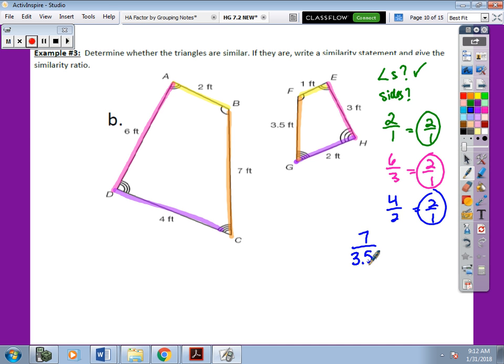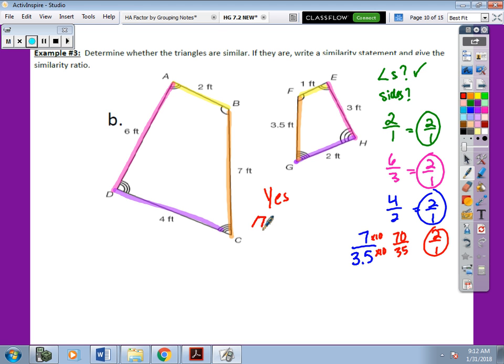What can I do to get rid of the 3.5 and make it a whole number? Jermaine? Yes, if you multiply these by 10, you'll get 70 over 35. That moves the decimal. Then you no longer have decimals in fractions. And then you could reduce this and see that, yes, this is 2 over 1. So this is a yes.